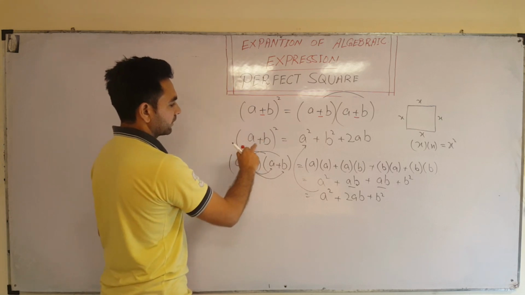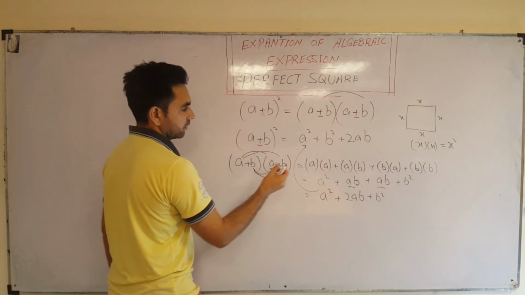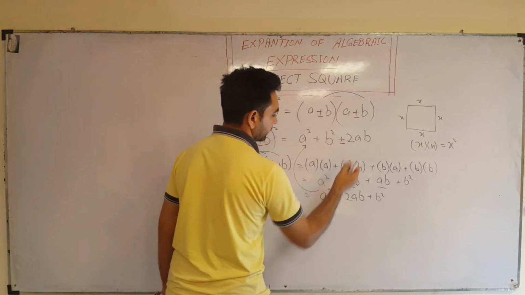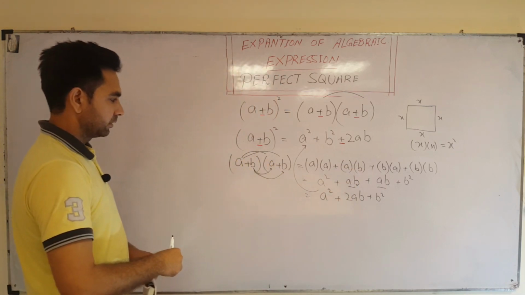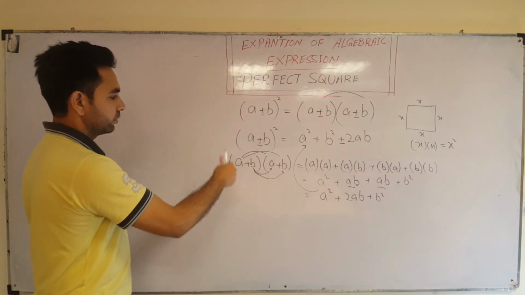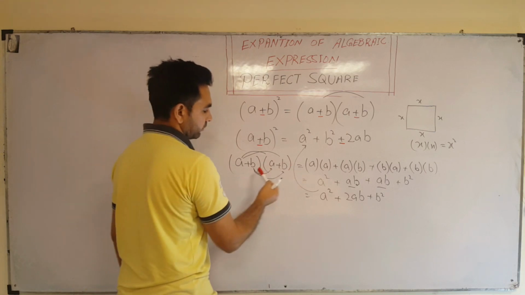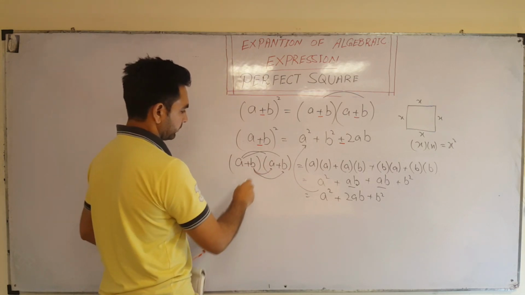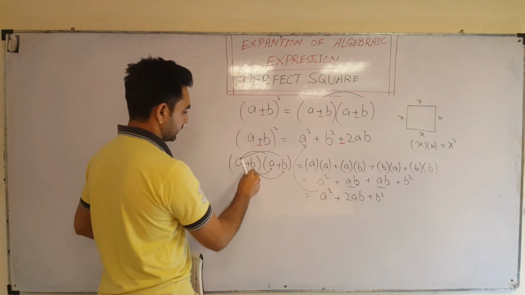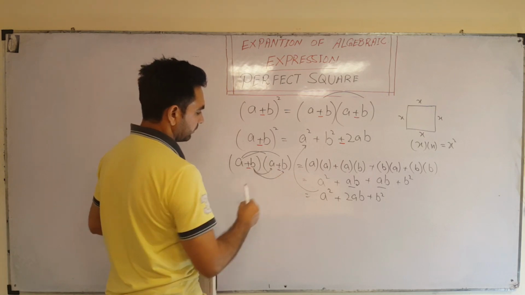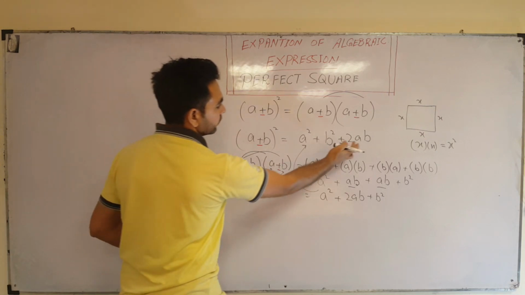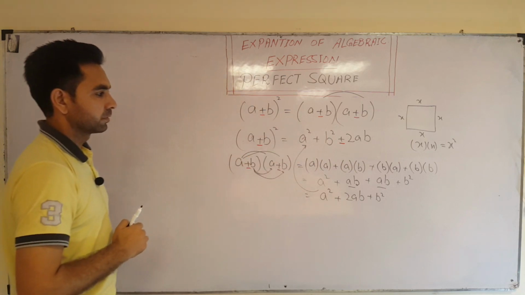And this formula becomes, a slight difference is that here there will be a negative, right? And once you do the simplification of a minus b into a minus b, this will give you this formula.